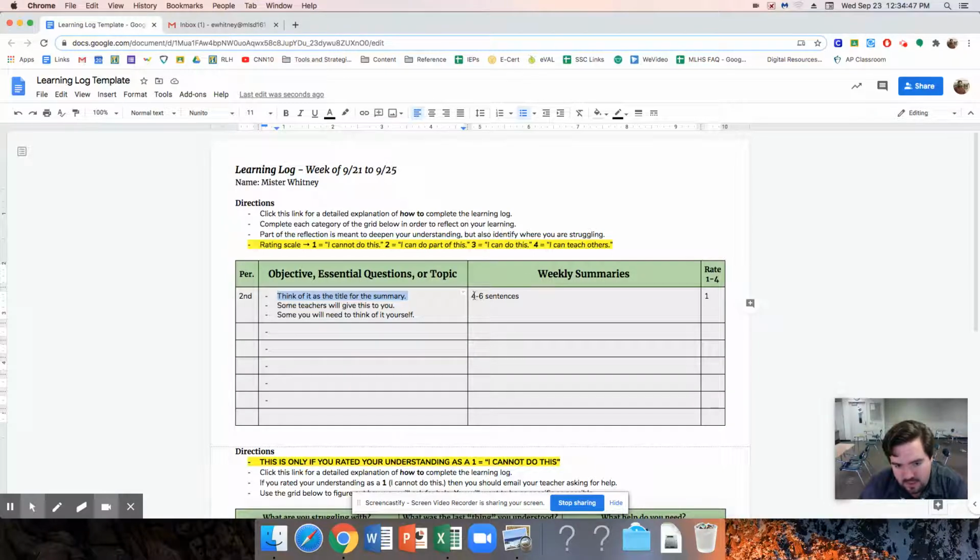But then your weekly summaries are going to be 4 to 6 sentences long. Try not to go over 6 sentences long because it's a summary, right? It's supposed to be shorter. Now, don't make it too short. Don't be lazy. Just try and stay within that 4 to 6 sentence parameter. Okay, and make each one of those sentences valuable.